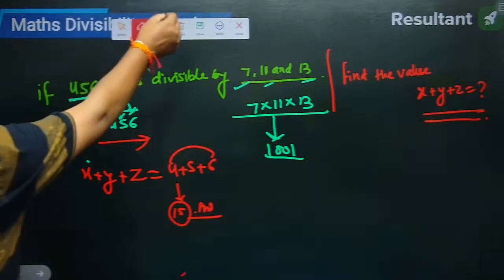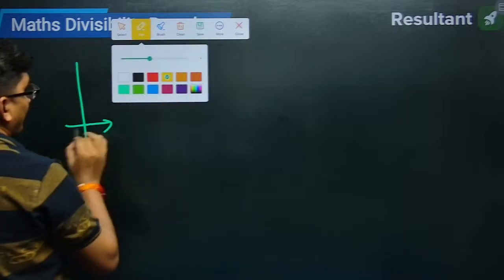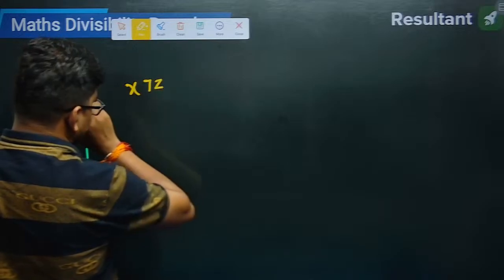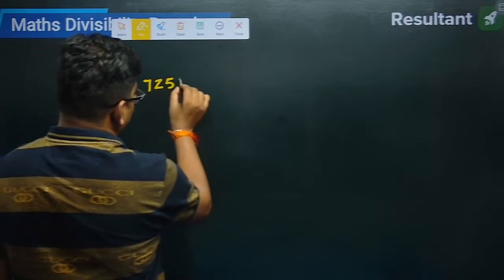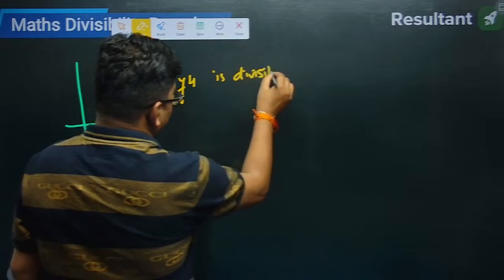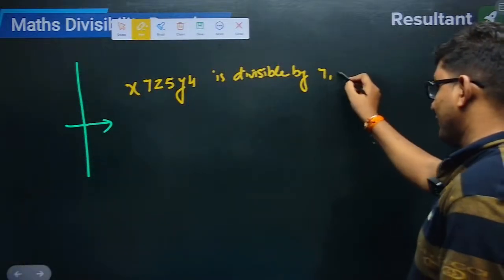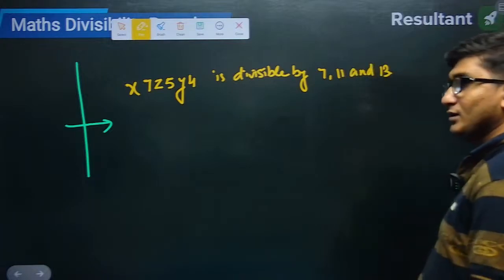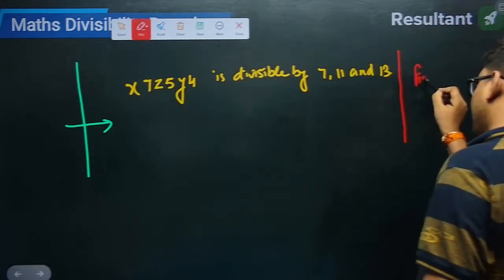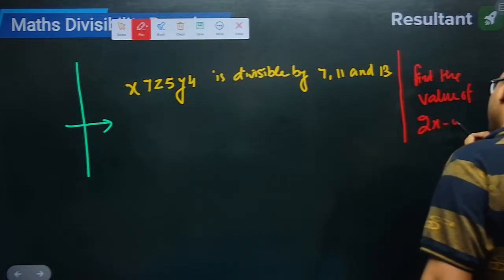Now come to another such example. If x7z5y4 is divisible by 7, 11 and 13, the examiner wants to know, find the value of 2x minus y plus z.